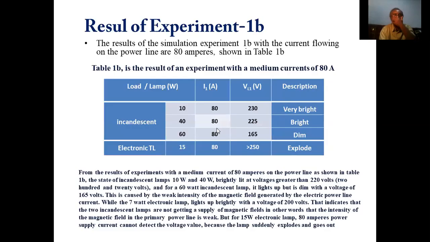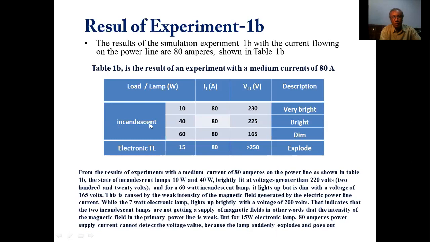Next, result of experiment 1B. In table 1B, we can see a medium current of 80 ampere flows in the power line.